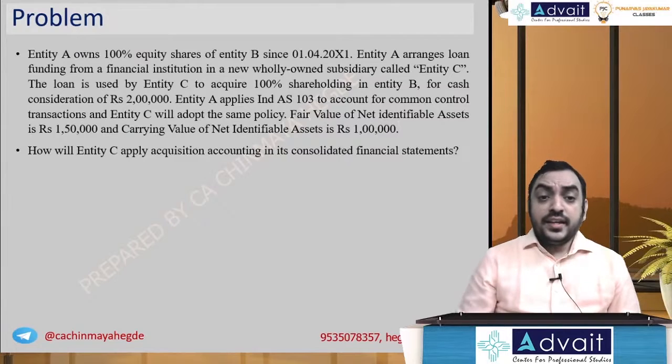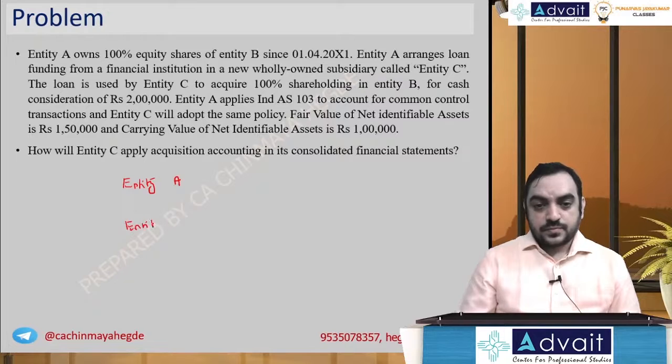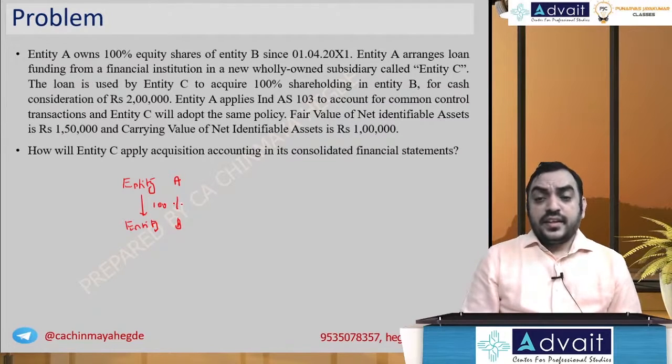Entity A owns 100% of equity shares of entity B. So entity A and entity B. Entity A arranges a loan funding from a financial institution in a newly held subsidiary called entity C.